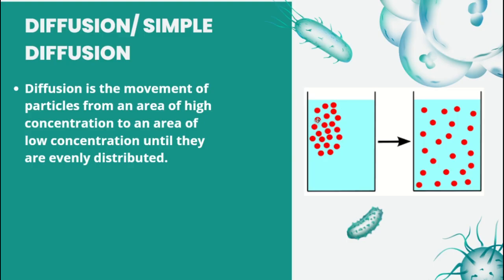What diffusion is going to do is move them from this area of high concentration, and when you look at this entire container, all of it is empty. So it's going to move from an area of high concentration to an area of low concentration to get it evenly distributed, because that's always the goal of diffusion.